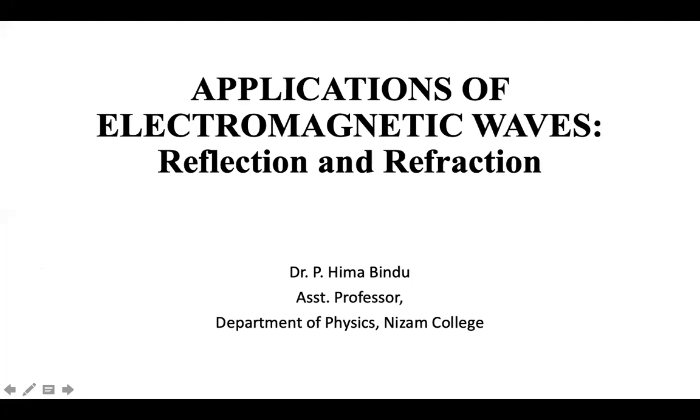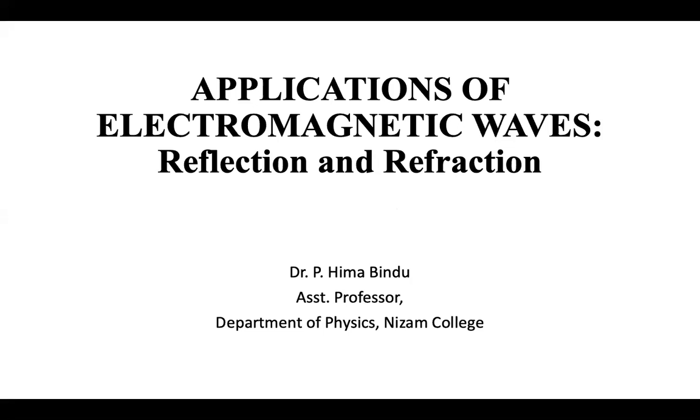We have several applications of electromagnetic waves, and one among them is reflection and refraction. This happens when an electromagnetic wave is trying to travel from one medium into another medium.